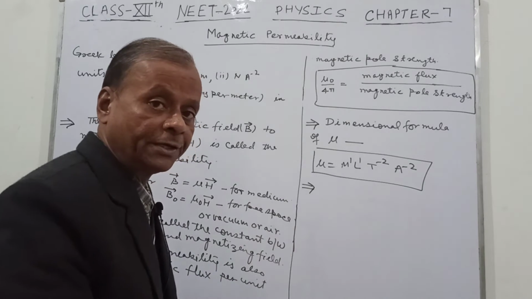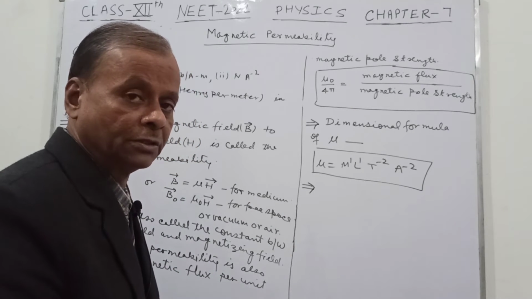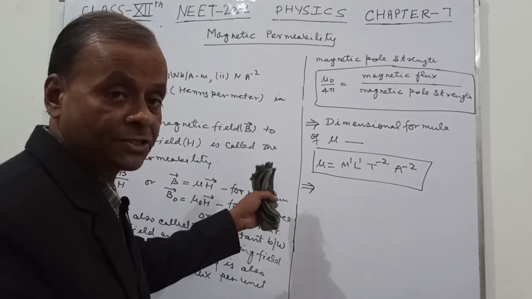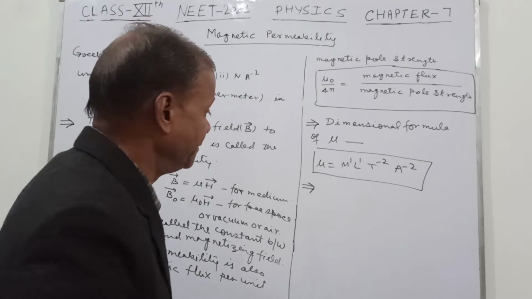The relative permeability, this is one more term associated with this magnetic permeability.